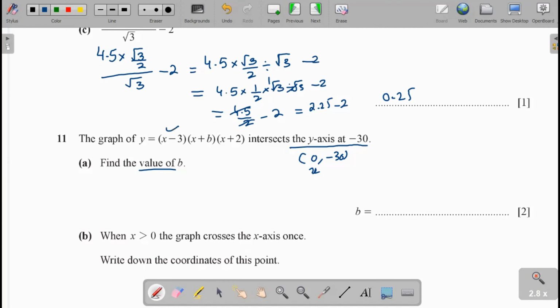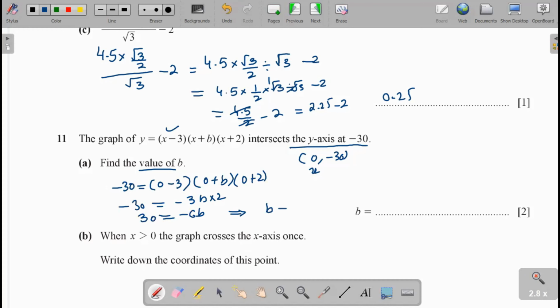Here y is minus 30, x is taken as 0: 0 minus 3, 0 plus b, 0 plus 2, and that's equal to minus 3b into 2, so minus 30 equals minus 6b. Very simple: b will be equal to minus 30 over minus 6, that's equal to 5. b is the answer 5.